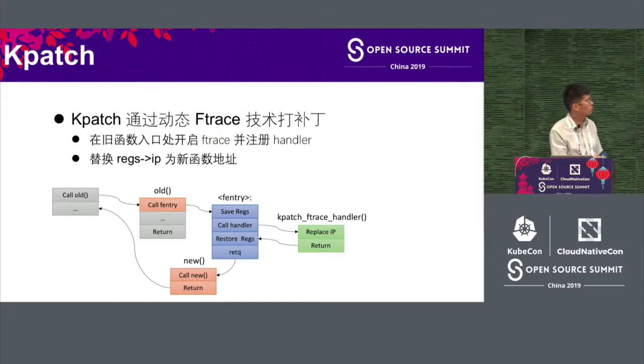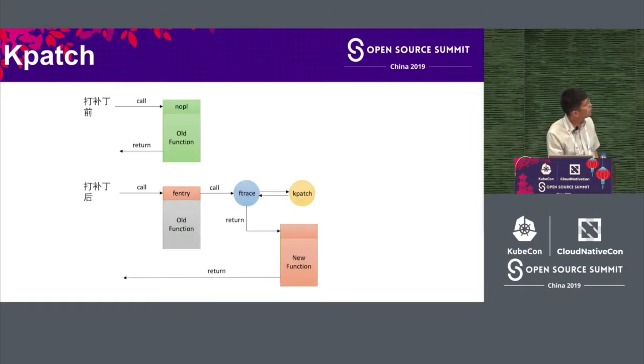So we are basically replacing the old function with the new function. This is how we do the patching between old and new versions of functions. So before patching, we need to do scheduling for fentry, then FTrace.